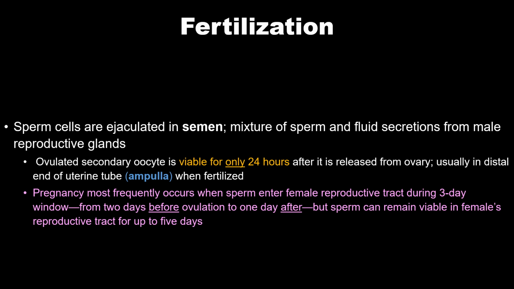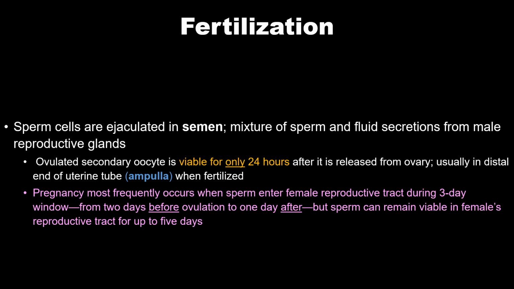Because they travel so slowly through the uterine tubes, they're usually in the distal end, called the ampulla, when they're fertilized. And pregnancy most frequently occurs when sperm enters the female reproductive tract during a 3-day window, from 2 days before ovulation to 1 day after, although sperm can remain viable for up to 5 days inside the female reproductive tract.